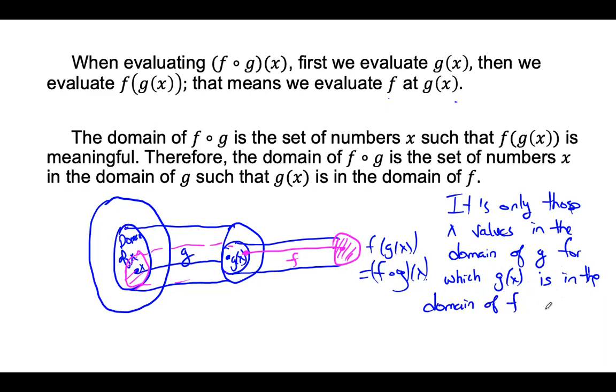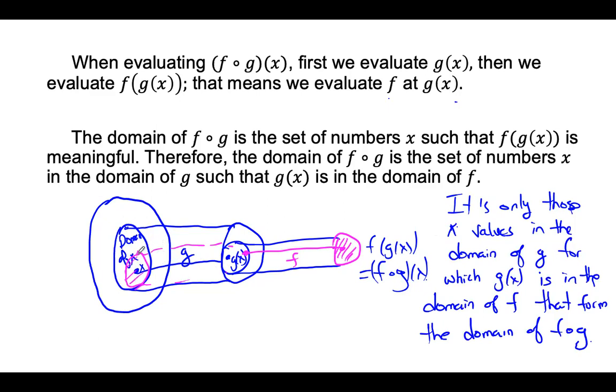That form, the domain of f of g. So we have the X values again, and then we have a section.